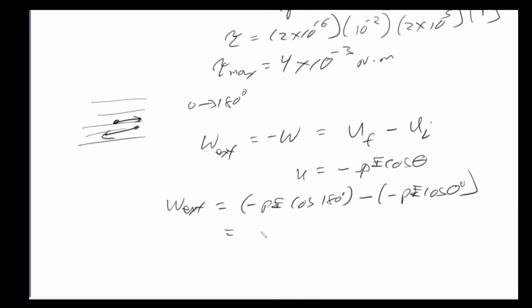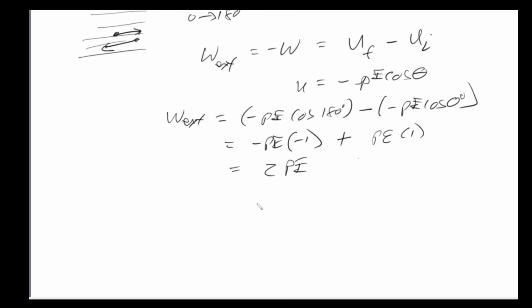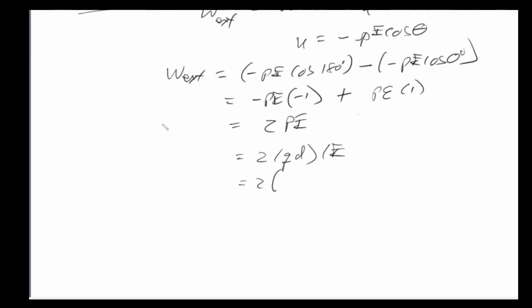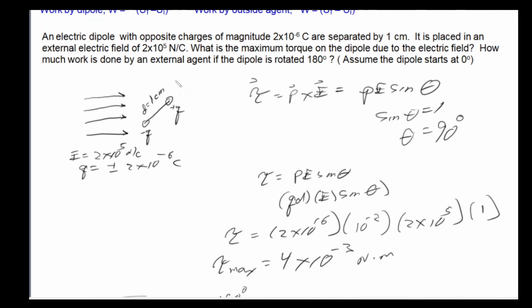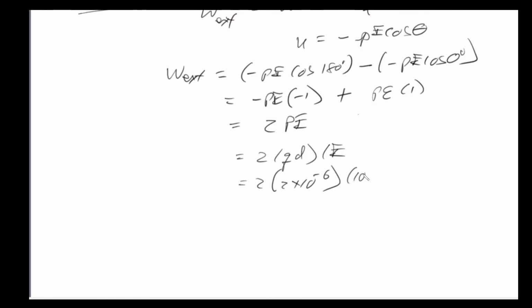That gives us minus PE times a minus 1 plus PE times 1, which gives us 2PE, which is equal to 2 times the dipole, which is QD, times E. So we get 2 times Q, which is 2 times 10 to the minus 6, times the distance, which is 10 to the minus 2, times E, which is 2 times 10 to the 5th.